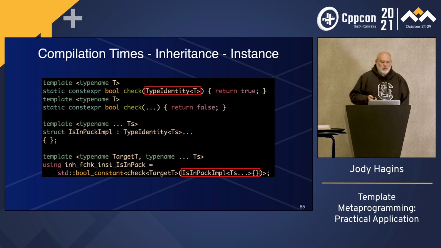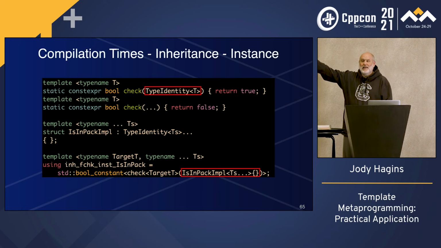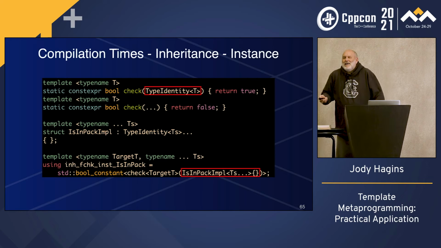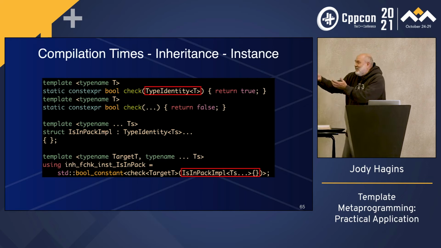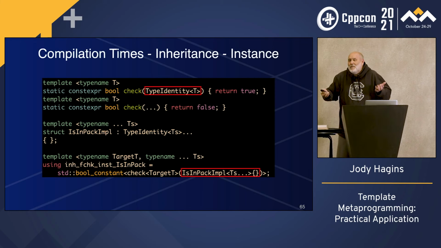Now I want you to note, this implementation is the exact same as the previous one, except instead of the check taking a pointer, which is what it did before, it just takes it by value. And when we pass it by value instead of by pointer, it's happening at compile time. And you know what? It's really not even instantiating it, because this is happening at compile time.